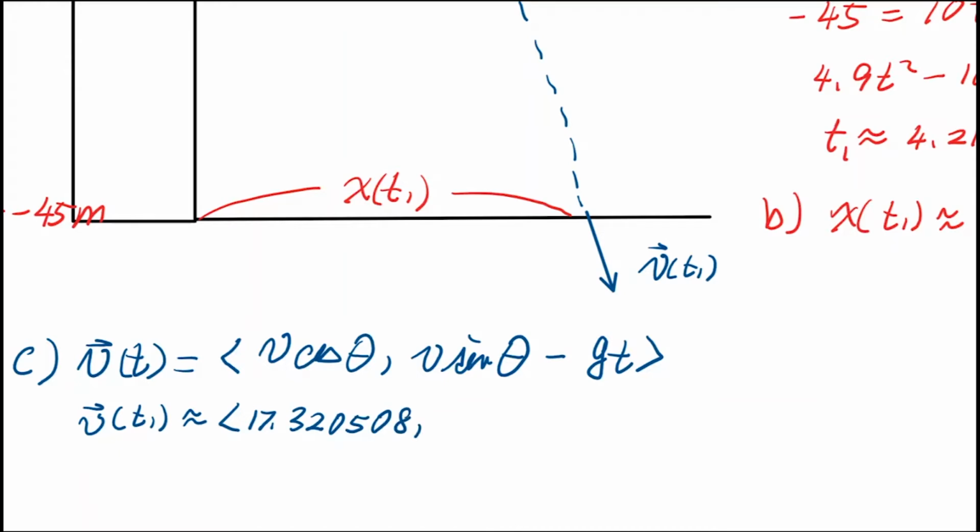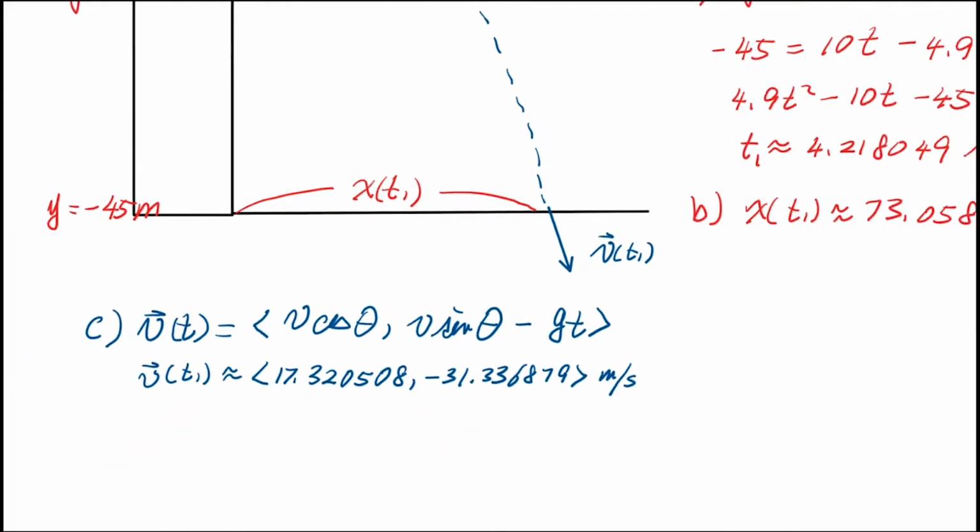And the y component is negative, it's downward, 31.336879. You guys concur? And even then, you have to write down the unit. So far with me? Okay, so that is the velocity vector.